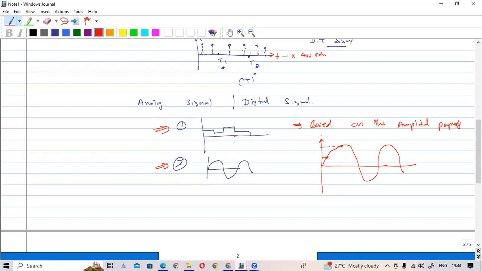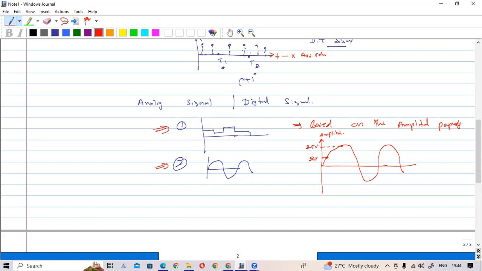This is the amplitude axis. Let's say that this is a voltage signal, and this is 2 volt and this is 3.5 volt.